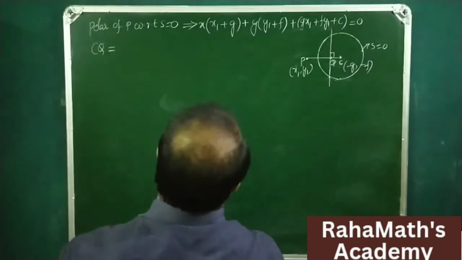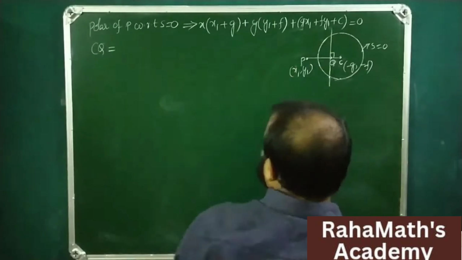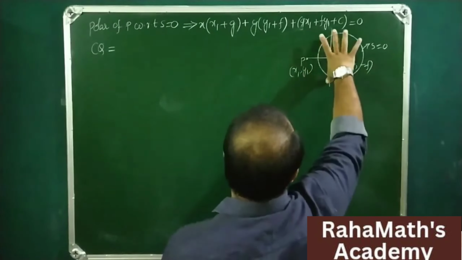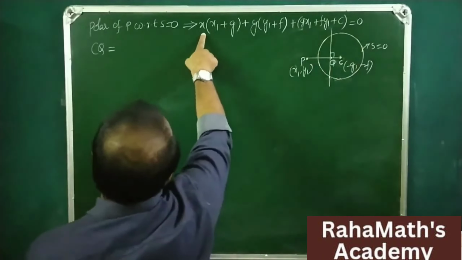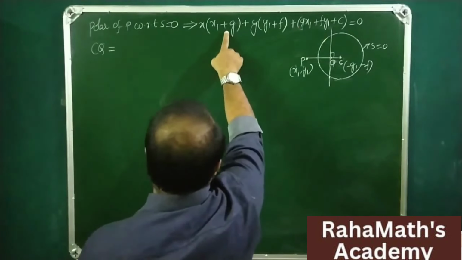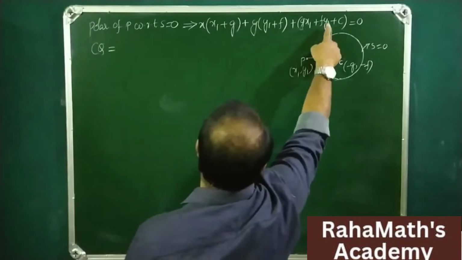The center is (-g, -f). And what is the polar of P? S1 = 0, which we have rearranged before: x into (x1 plus g), and it is of the form ax plus by plus c equals to 0.